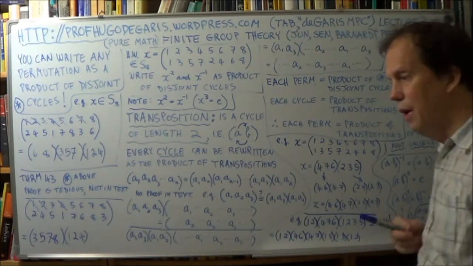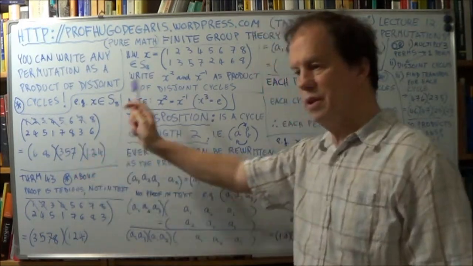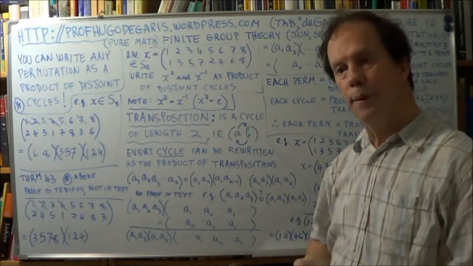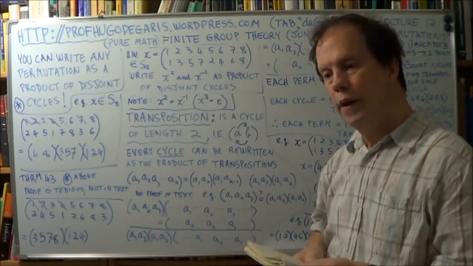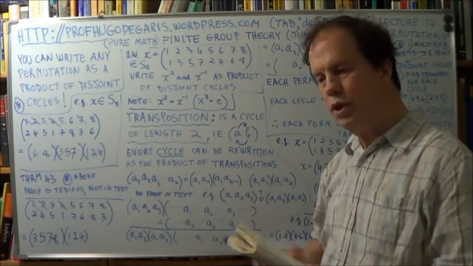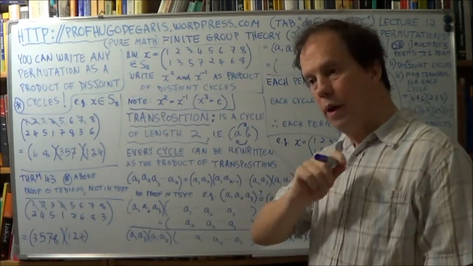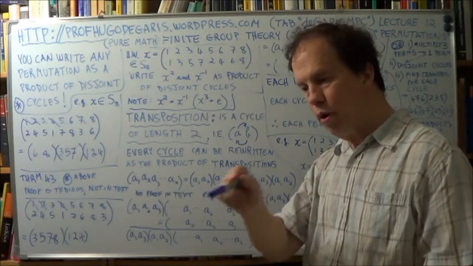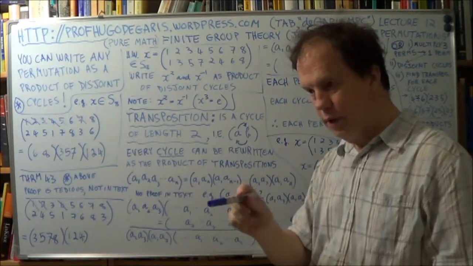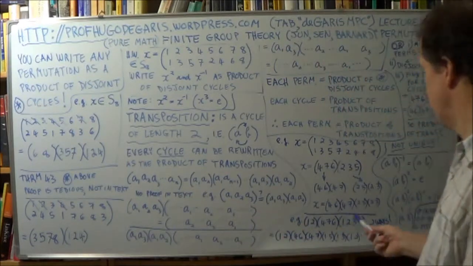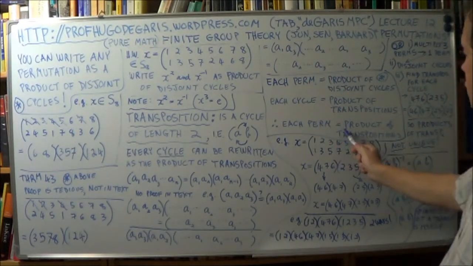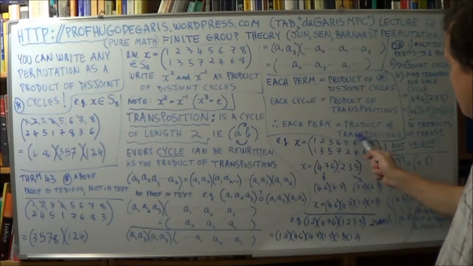Remember that, because I've run out of board space. The next thing I will do is ask you to take a general permutation and put it into a product of transpositions. Each permutation is a product of transpositions.